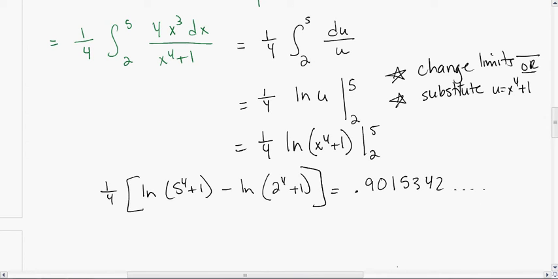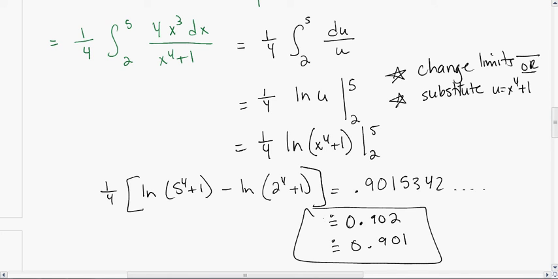AP requires me to be accurate to 3 decimal digits, so I can do one of two things. I can round and have my answer be approximately 0.902, or I can cut the decimal off and write approximately 0.901, and either one of these are acceptable answers.